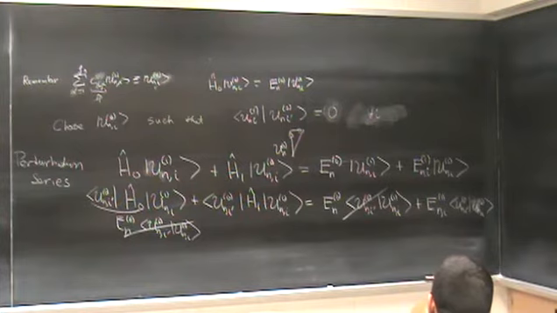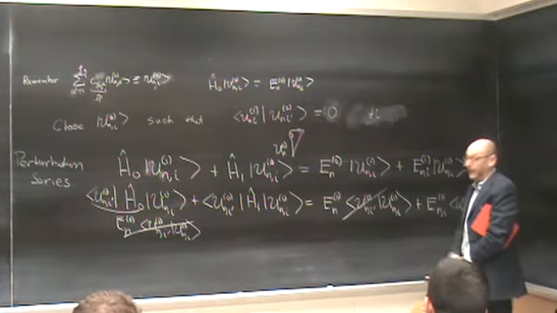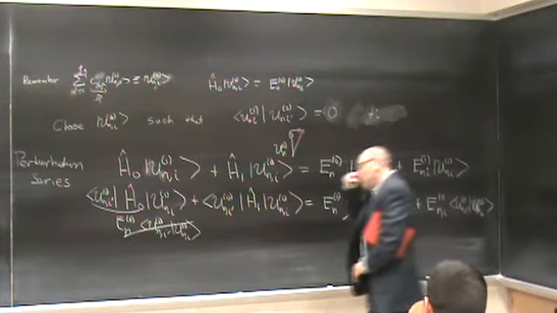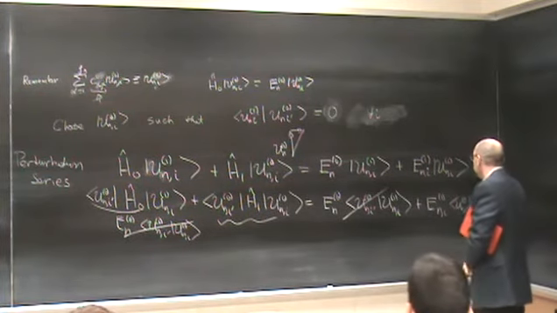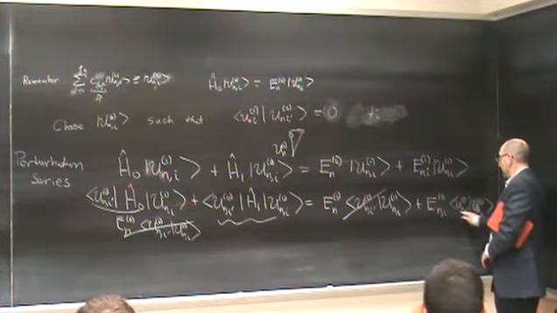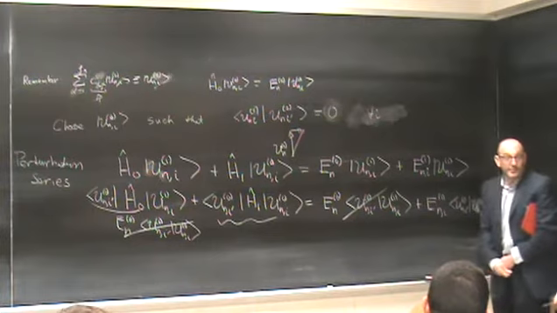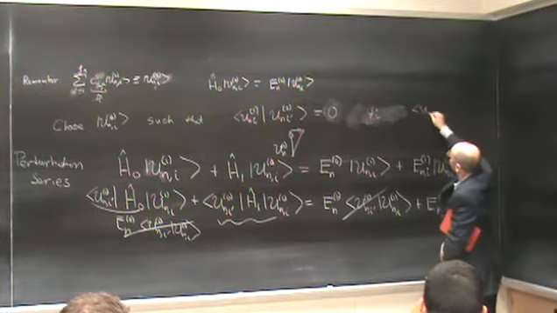But now these have the same energy within the same degenerate space, and they cancel. So what we see here, if we've chosen this appropriately, is that we can solve for this. These guys are different states within the same subspace, and we can choose those to be orthogonal.